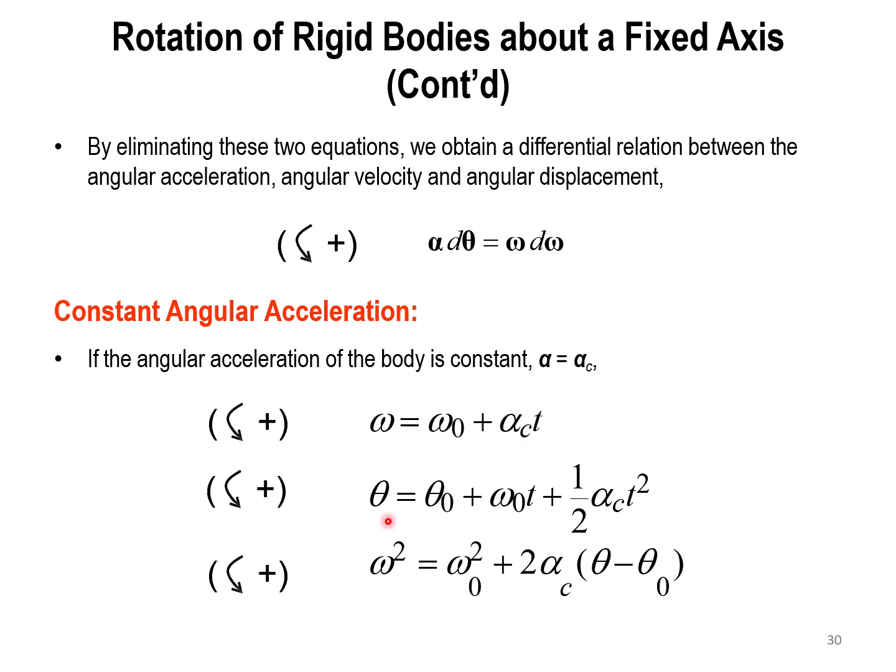For theta, it's the original theta plus the original omega t plus half of the acceleration t squared. And finally, omega squared is equal to the original omega squared plus 2 alpha C times theta minus theta O.